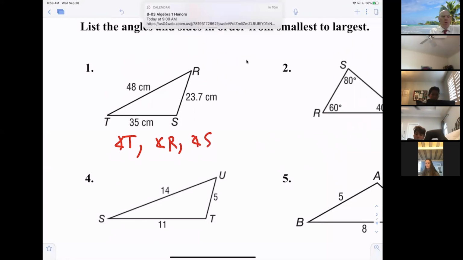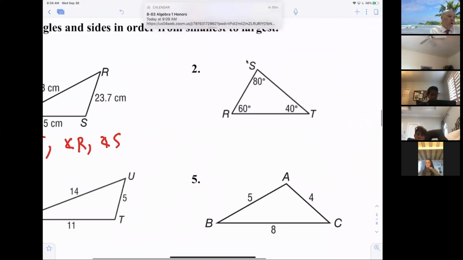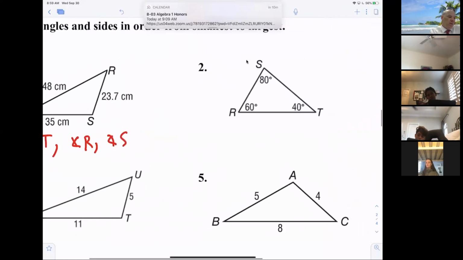All right, so now we're going to go with smallest side, SR, and then ST, and then RT. Now, again, I'm saying that's obvious. And like I said, for some reason, kids blow this every year.